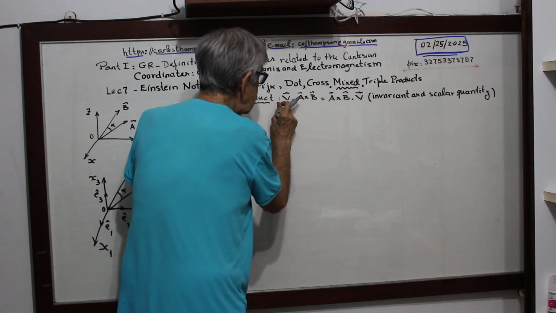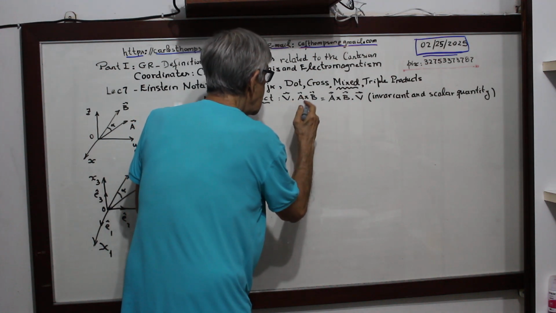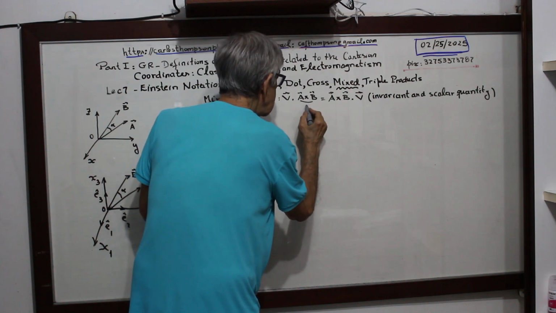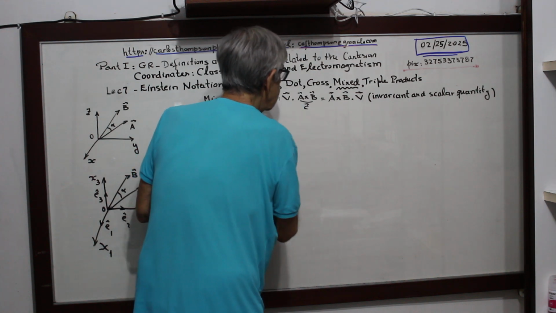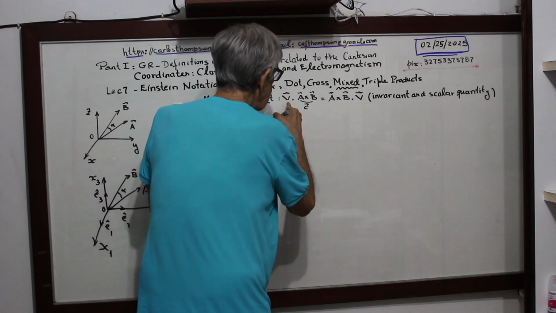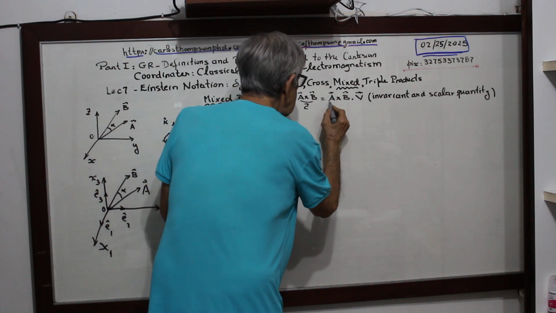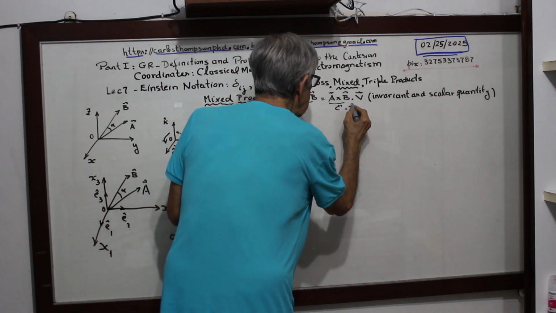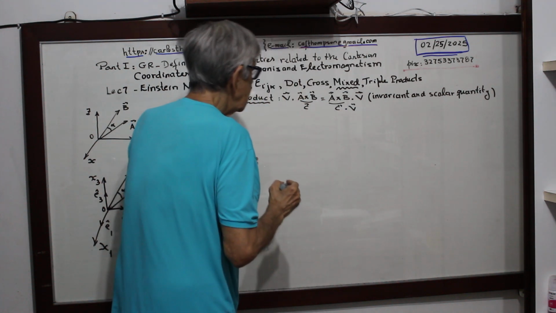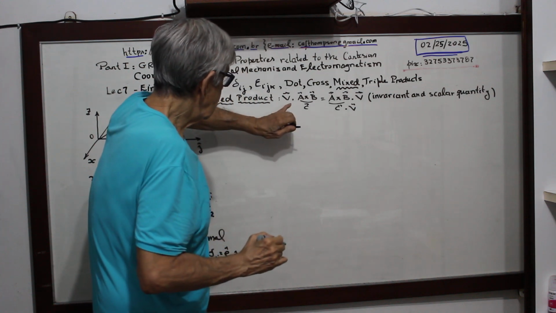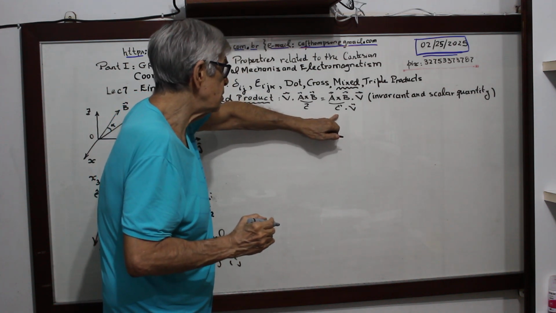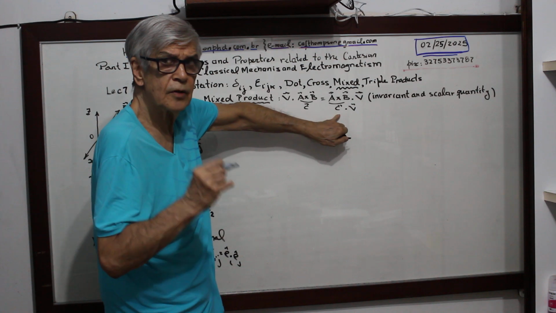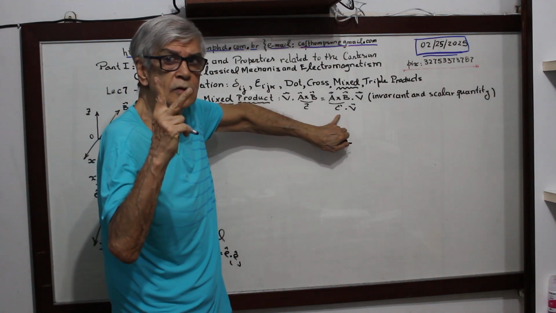Because I have a v and I have a vector, I'll call this vector here vector c. So v dot c is equal to c dot v. Now, this is a scalar quantity because it is a dot product of two vectors.